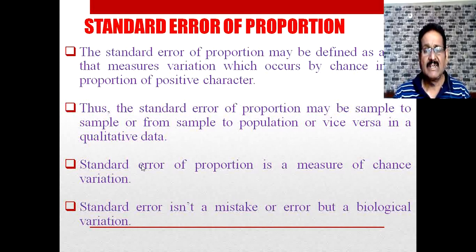Suppose in a class there are 40 students, out of them 20 are male and 20 are female. Now two students of the same class with the same sex, with the same blood pressure, even then do not have the same hemoglobin level, they do not have the same body mass index, meaning across the population you find a variation.